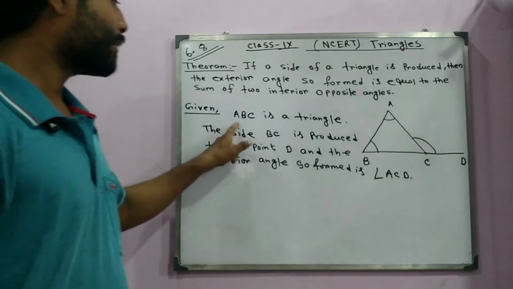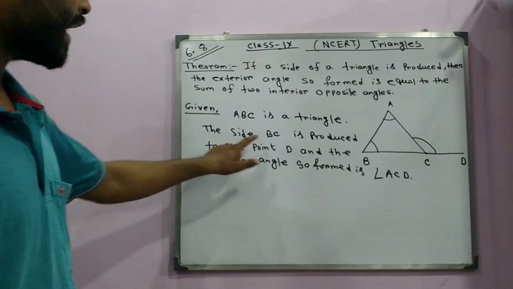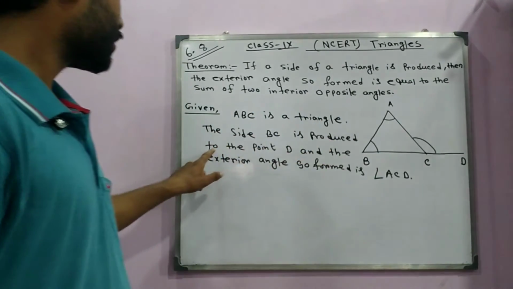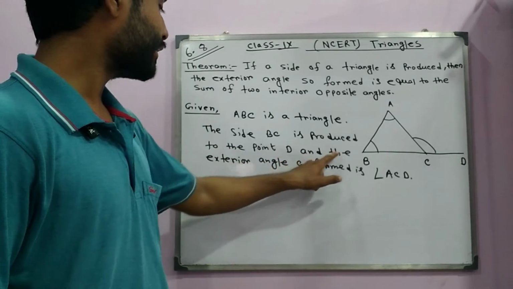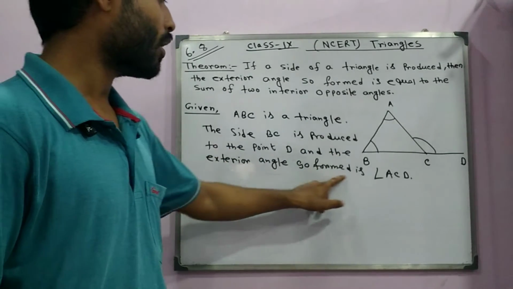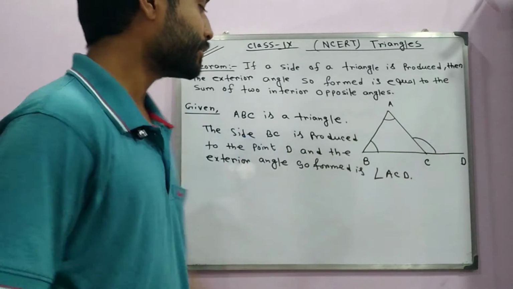Okay, given ABC is a triangle and the side BC is produced to the point D, and the exterior angle so formed is angle ACD.